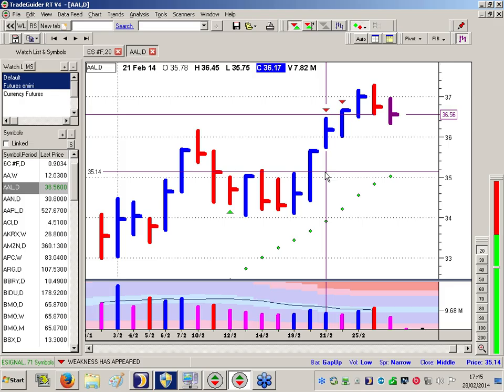AAL. Well, it's certainly acting as strong as the index, look, which is lovely.